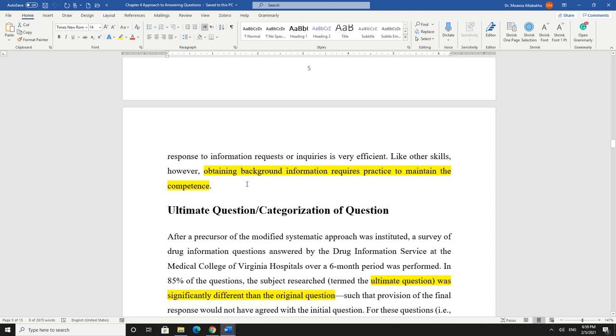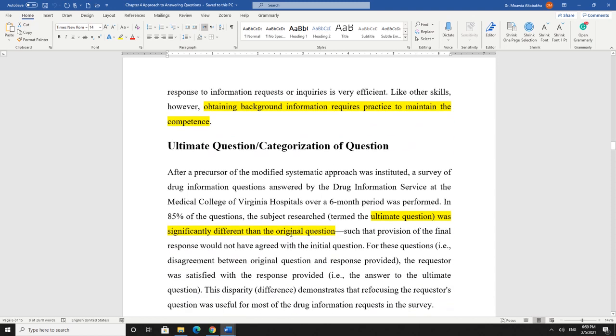You must know that obtaining background information requires practice to maintain the competence. Okay, as I told you, it has to be a dialogue sort of scenario.